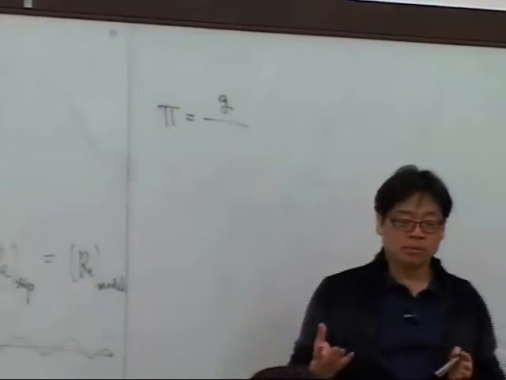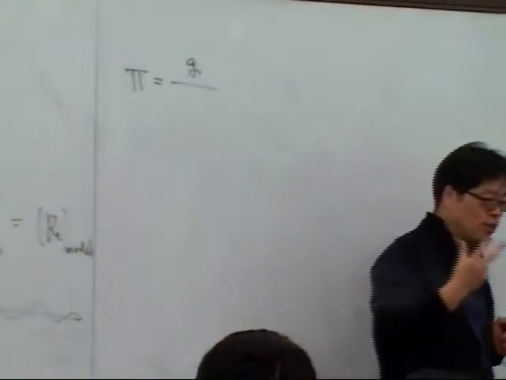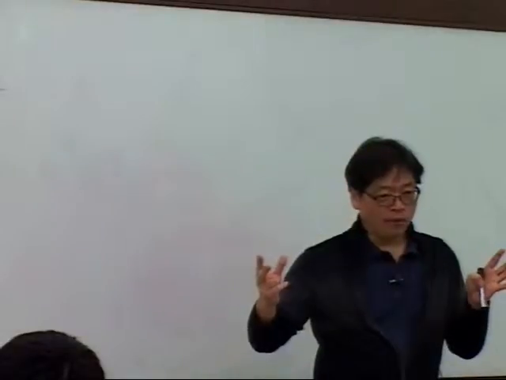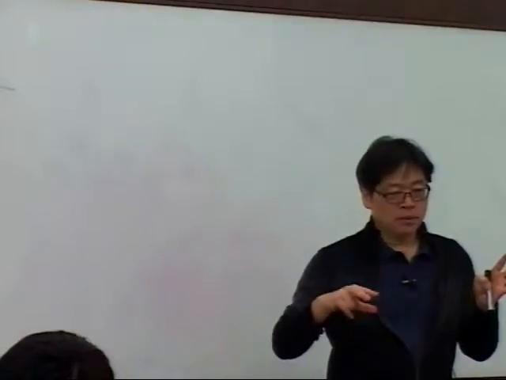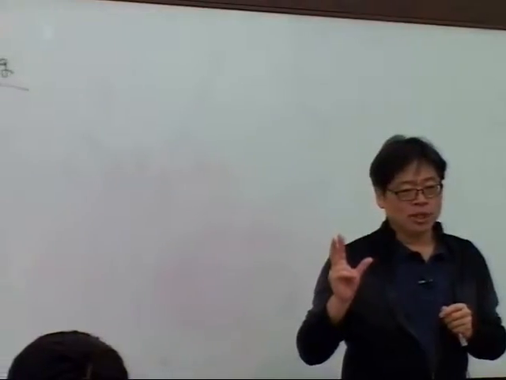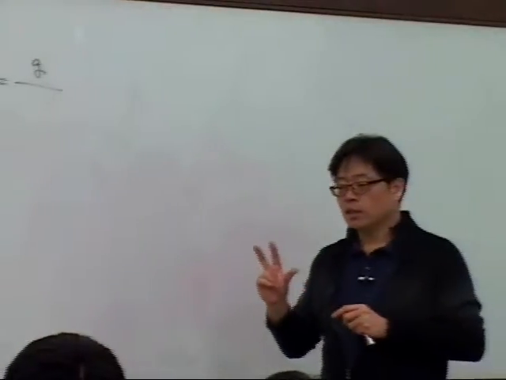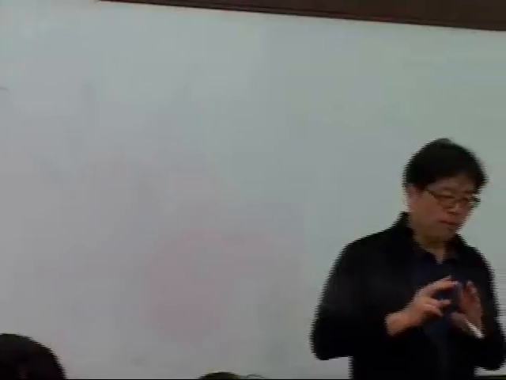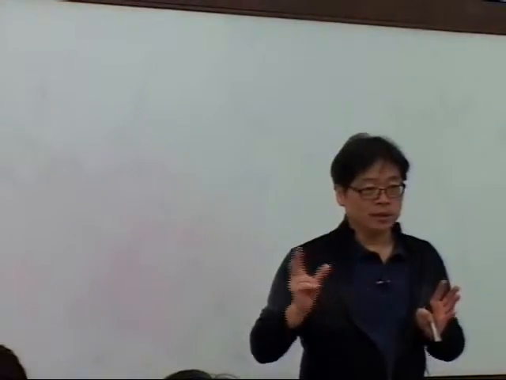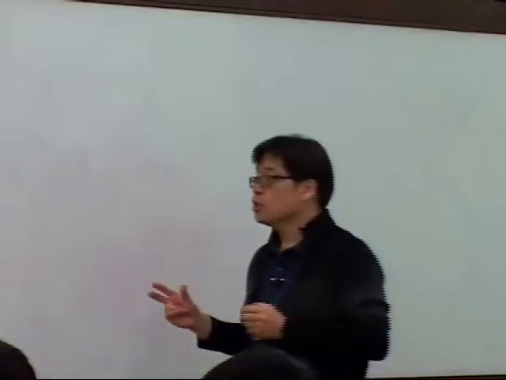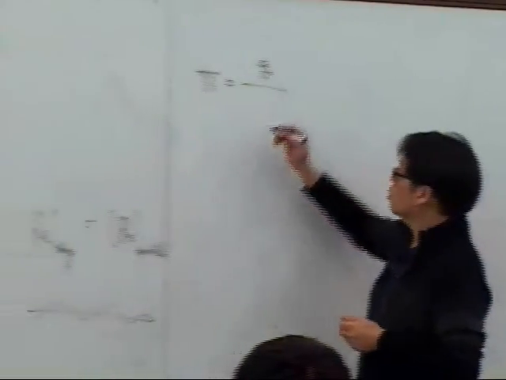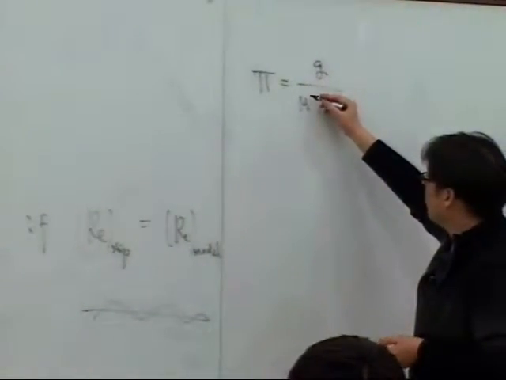To construct pi terms, we choose 3 repeating variables out of the variables that are involved in the problem. When we choose 3 repeating variables, we choose them so that they have the fundamental dimensions M, L, T, which are the mass, length, and time. Okay, so you find a combination.